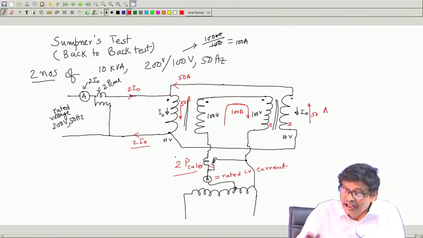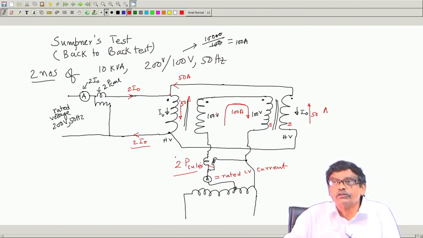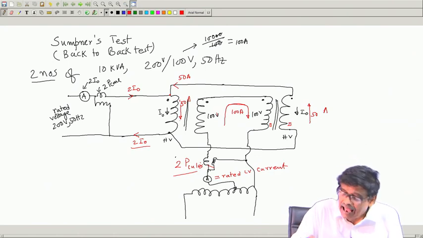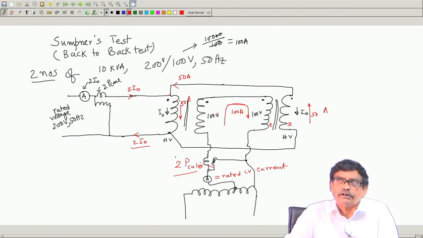Therefore, transformer will feel I am being used under full load condition, is not, because my windings are carrying rated current and my core is also carrying rated flux. So, both the losses are at their rated values. So, temperature rise, and if you do this test for a long time, say 1 hour, so that the thing attains a steady temperature.